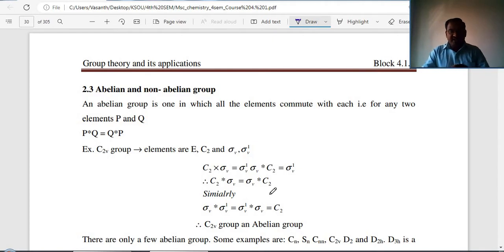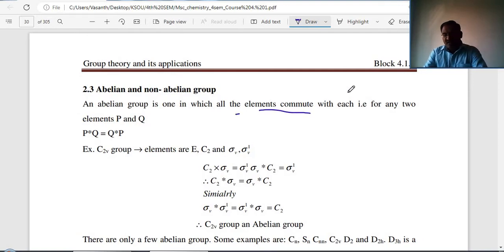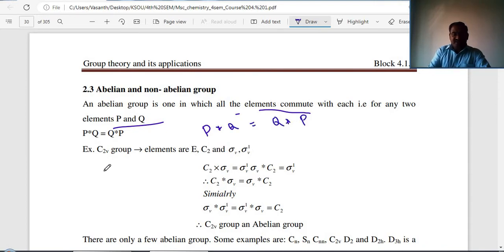What are abelian and non-abelian groups? An abelian group is one in which all the elements commute with each other. That is, for any two elements P and Q, P into Q is equal to Q into P. Here the C2V group elements are E, C2, sigma V and sigma V dash.